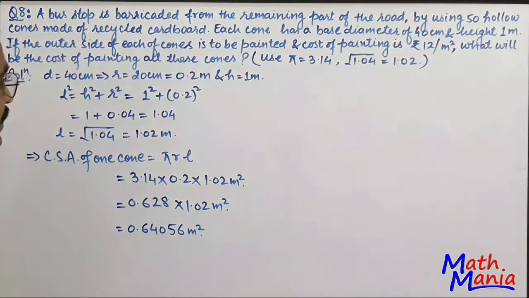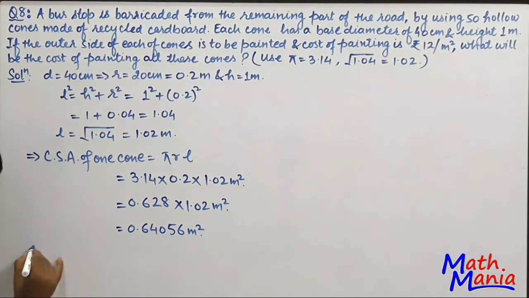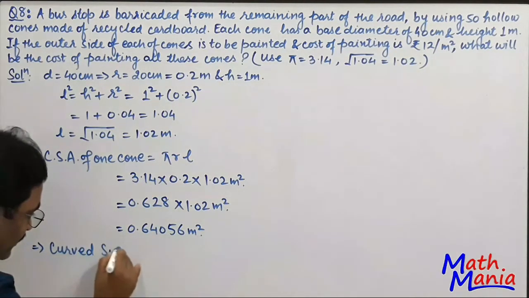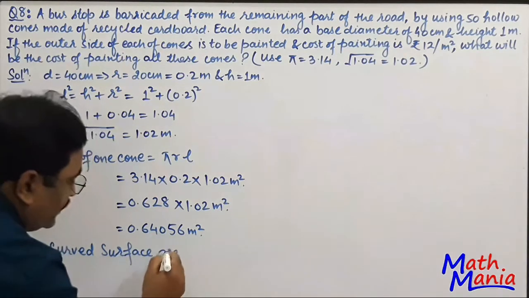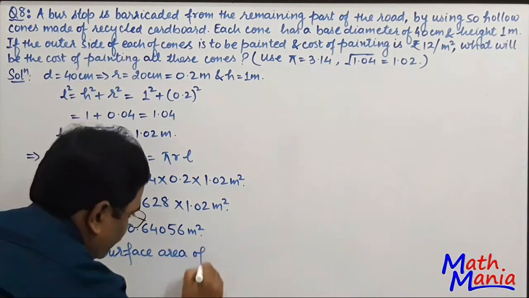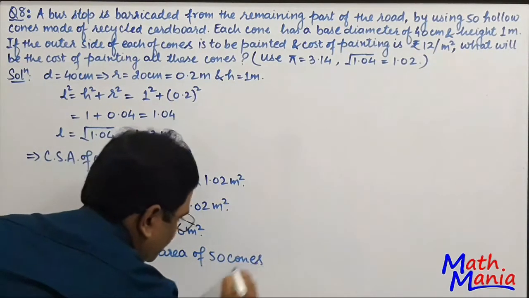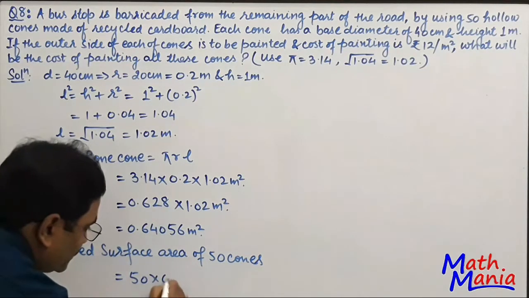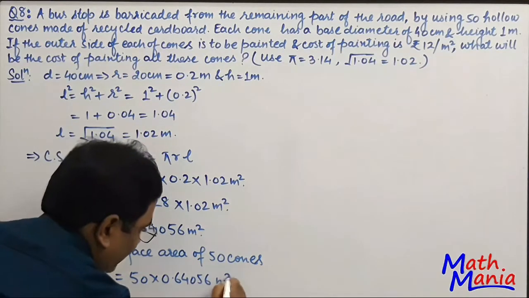So the curved surface area of 50 cones is equal to 50 multiplied by 0.64056 meter square.